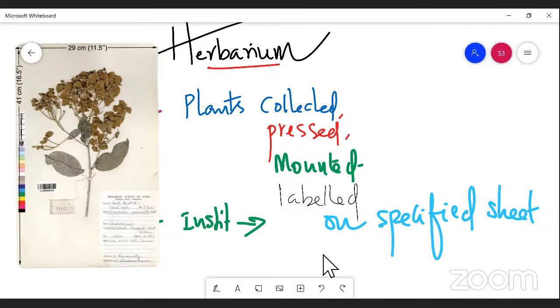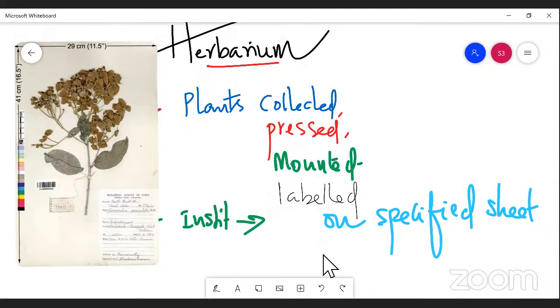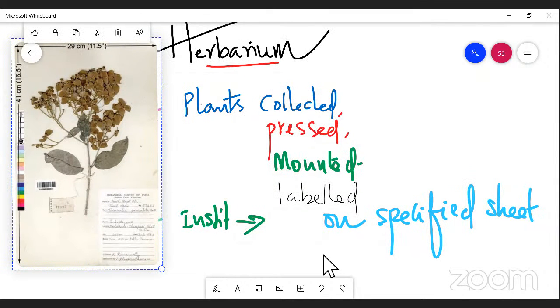These specimens are maintained or mounted on a specific sheet, and this sheet contains the dried specimen which is labeled: where it is collected, who collected, when it is collected, date and time of collection, locality, country, state, region. All the data are available in the given box of the herbarium sheet. So that is called simply a herbarium.